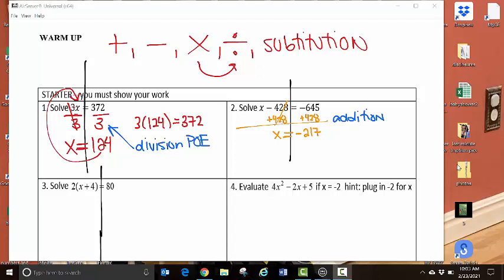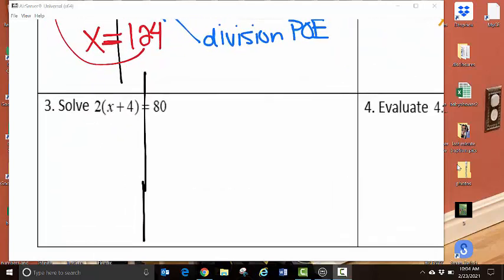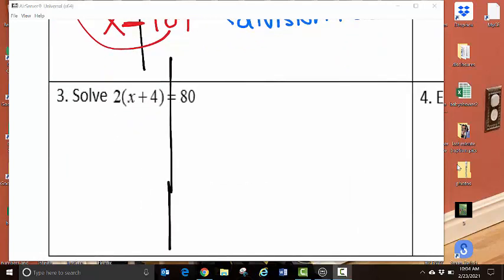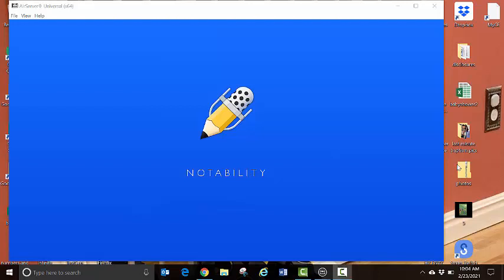Okay. Now let's look at this one. You could solve this one 2 ways. The first would be to use our distribution property. And I do want to show you this. Oh goodness, where did it go?